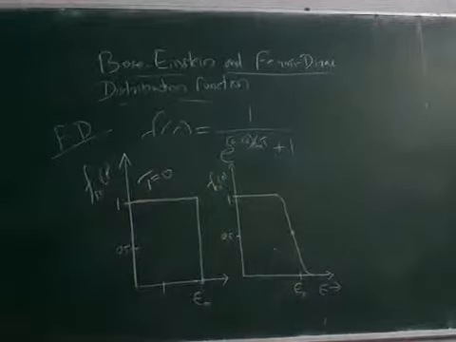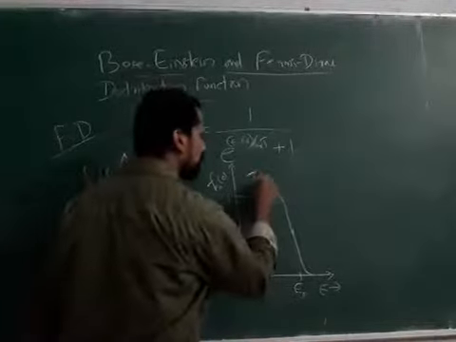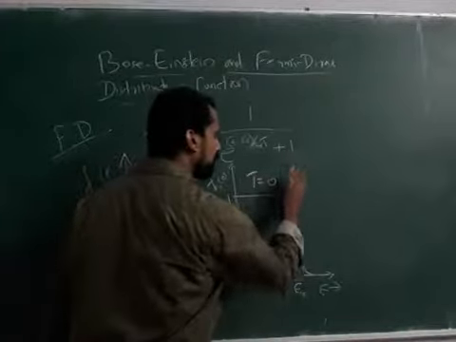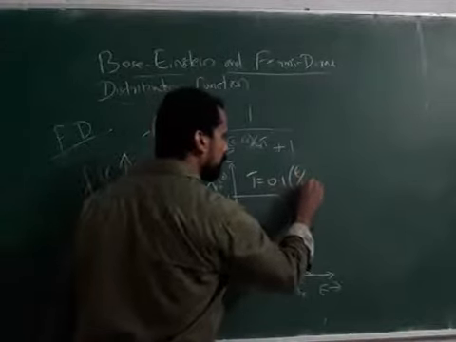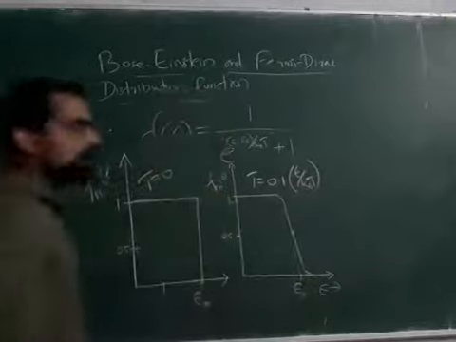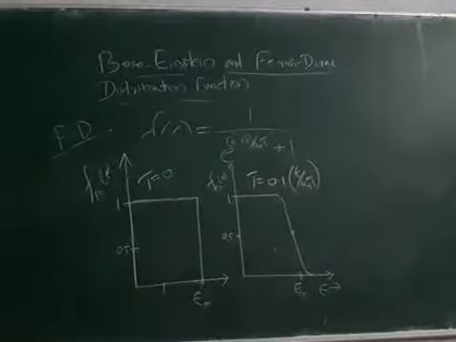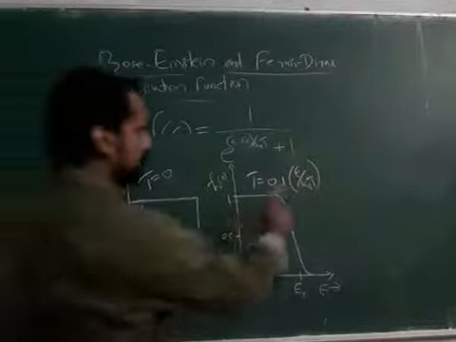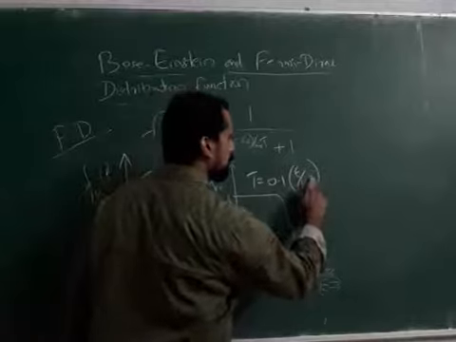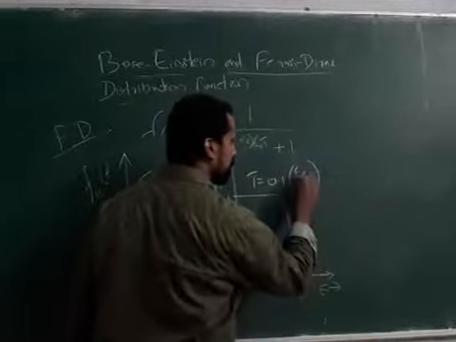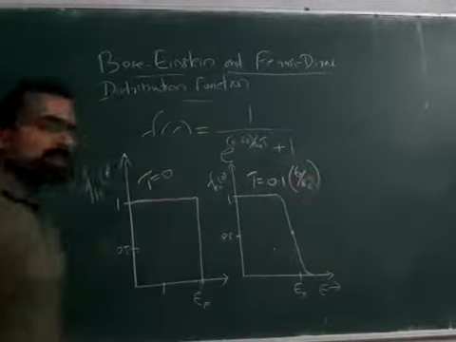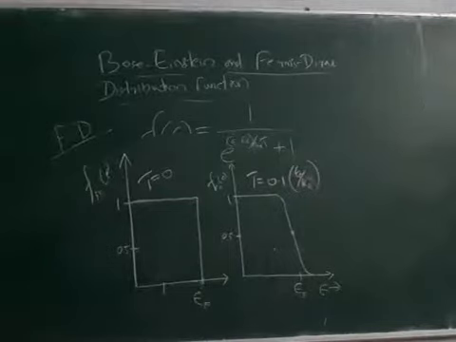When you increase the temperature from 0, you put T equal to 0.1 times epsilon F by kB. You increase the temperature a little bit by this much.